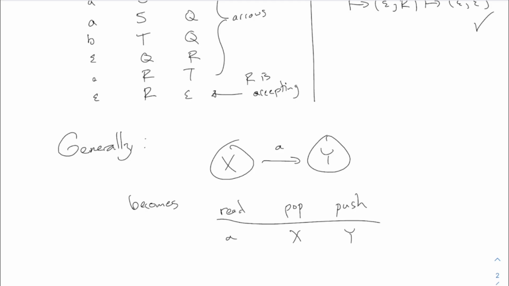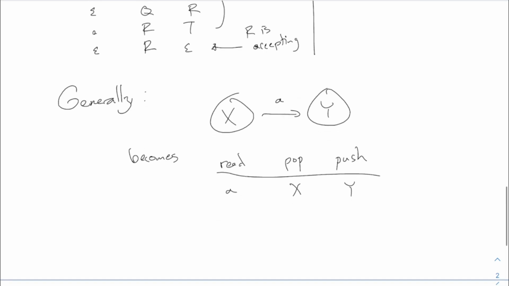And then any accepting state, if it was something like X was accepting, this becomes read epsilon, pop X, push epsilon. And that's really all there is to it. So it's a simple procedure. I suppose you have to sort of memorize exactly how it's done, but it's not a big deal. All right.